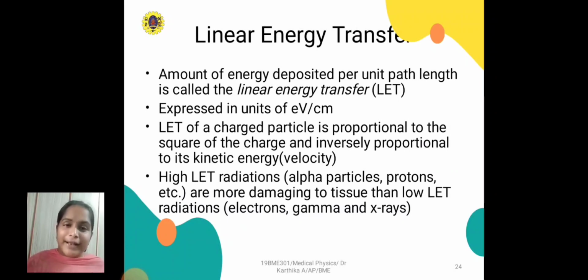While talking about low LET radiations, it includes electrons, gamma and X-rays. Okay, please consider that for high LET radiations we have alpha, protons, etc., and for low LET we have electrons, gamma and X-rays.